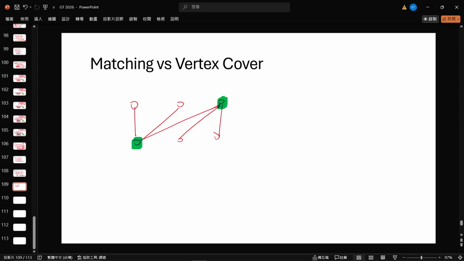So for this graph, you can use just 2 vertices to cover every edge.